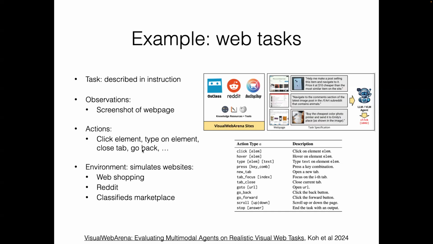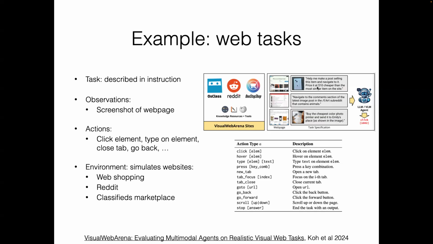And then you could come up with this action space, which is like click an element, type in a text box, close a tab, things like that. This action space is fairly general, but it's also specialized to web navigation.